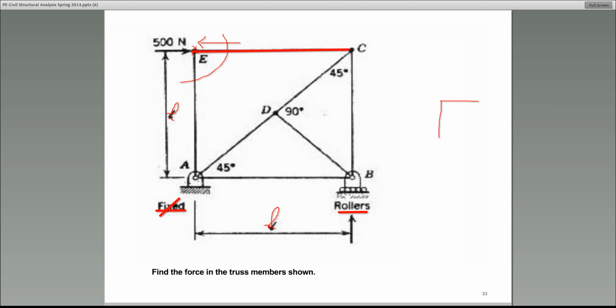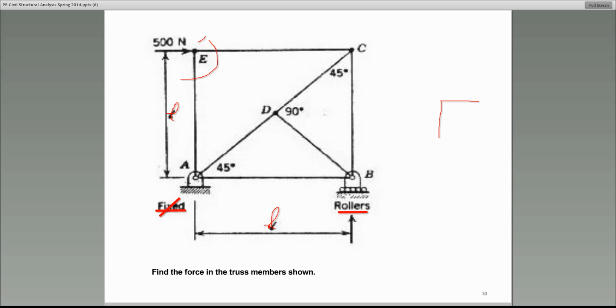And one way you could see that is by checking again the joint E and summing the forces in the vertical direction. There's nothing in the vertical direction to act along AE. So AE, the vertical member, is a 0 member.